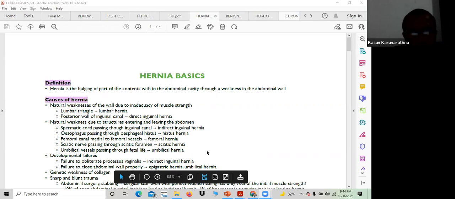In incisional hernia also, most of the time the neck is larger, the defect is larger. So you can't just compare both of them. You can say strangulation risk is reduced in both the hernias.